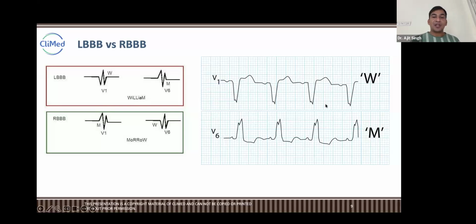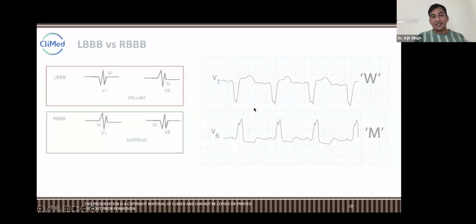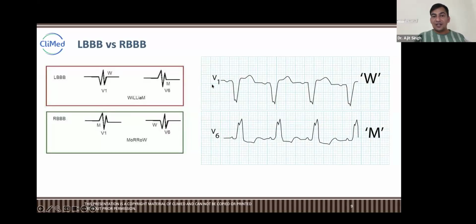So you can see here how it is. See, this is W. This is M, right? We are talking about the QRS complex. So it is W, right? You can see a clear W here.